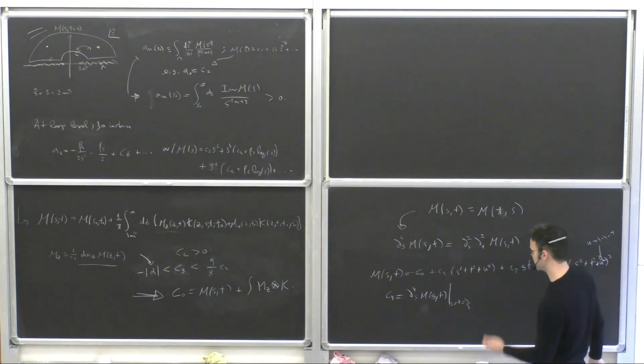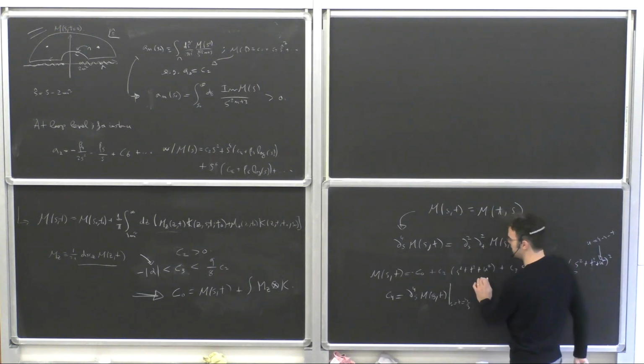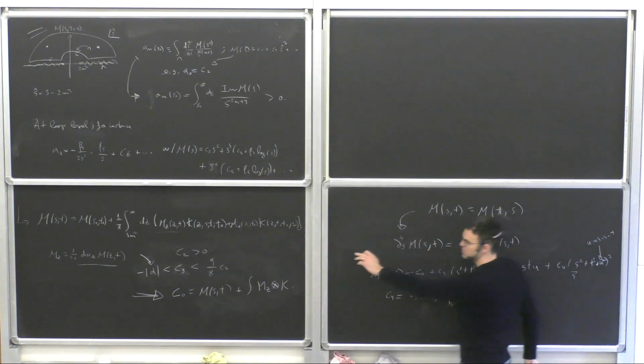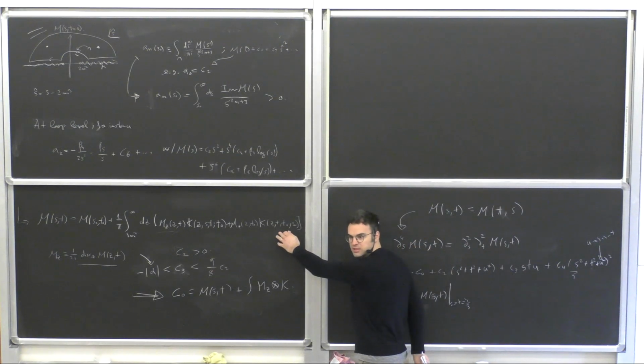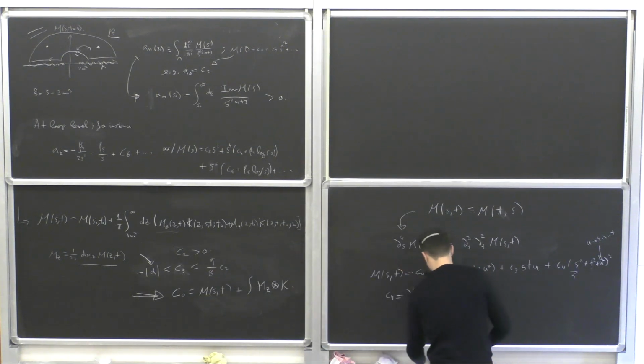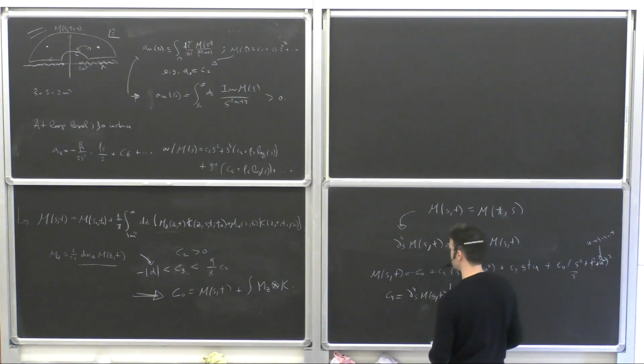But the important point is that we want to build crossing symmetry now on the dispersive representation of the integral. Now, how are we going to do this?